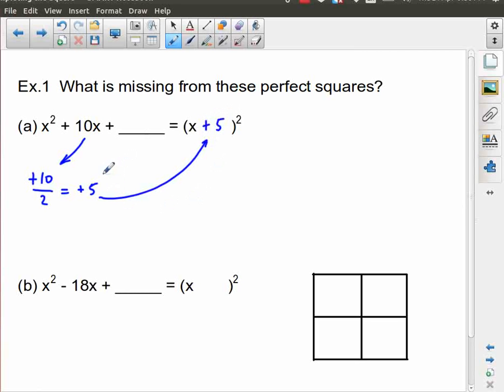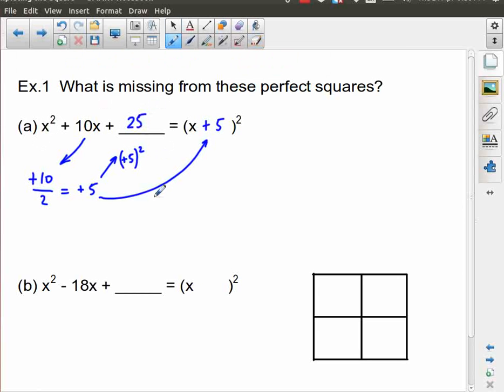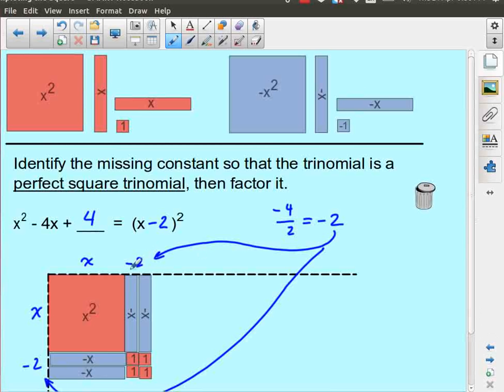And what we put here is positive 5 squared, because this has to be a perfect square term in the front, and we need a perfect square term here, so positive 5 squared is 25. And if we look back at our other examples, we ended up with a negative 2 here, a negative 2 here.